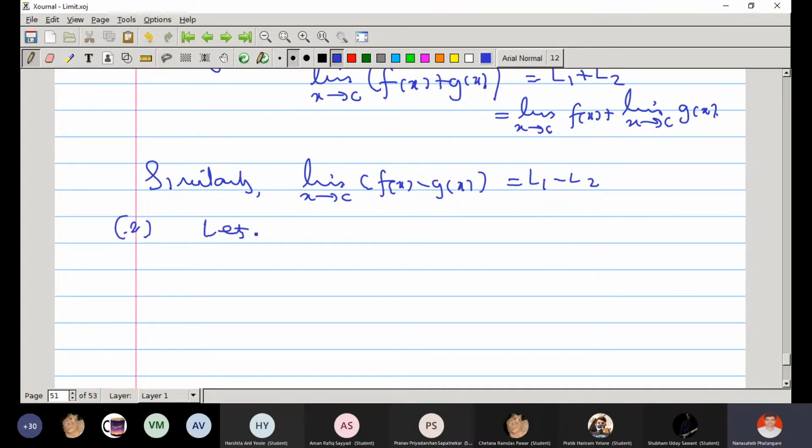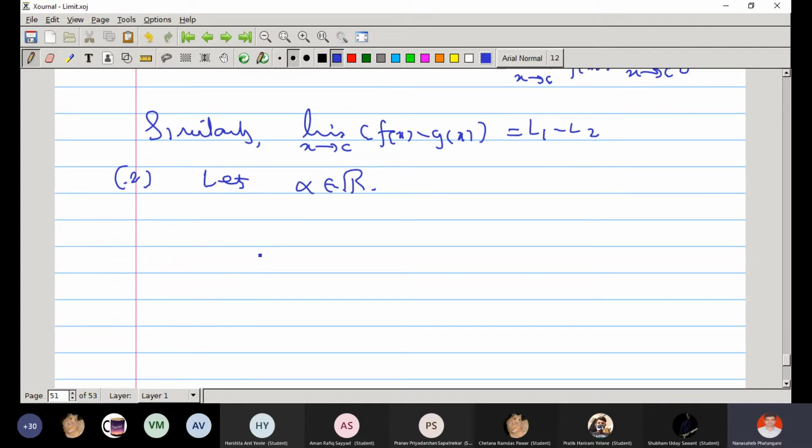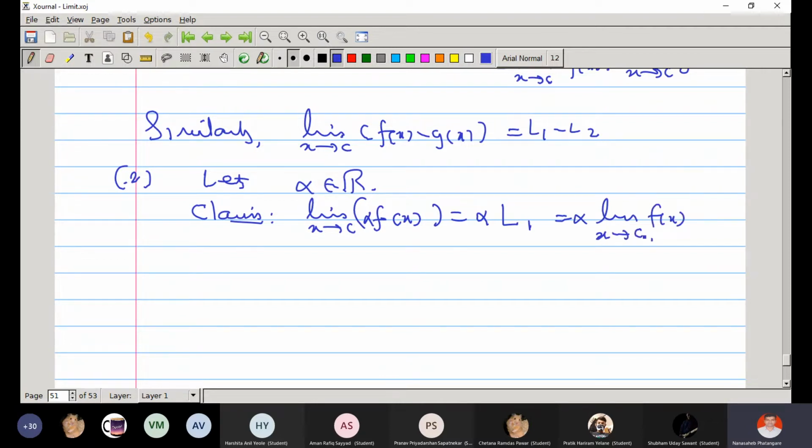Now let alpha be a real number. So what is our second claim? The limit as x tends to c of alpha times f(x) is equal to alpha times L1. That means alpha times the limit of f(x) as x tends to c.